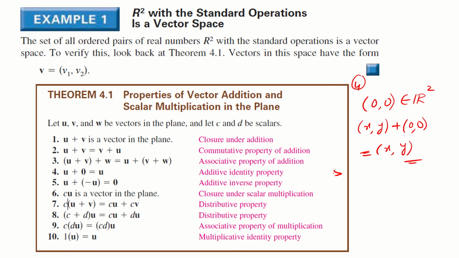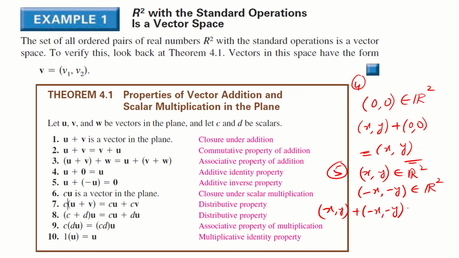Right? Condition number 5 is also satisfied, because if you have a vector (x, y) in R2, (-x, -y), which is the negative of the vector, also belongs to R2. And their sum will be what? (x, y) plus (-x, -y), that is (0, 0).